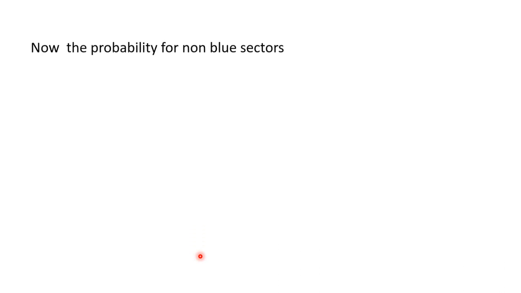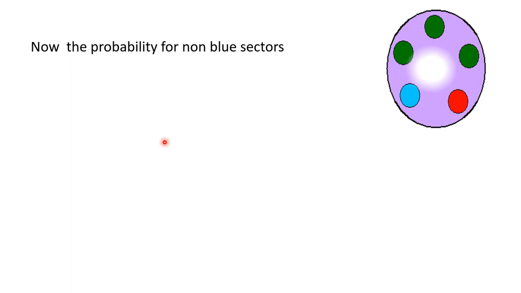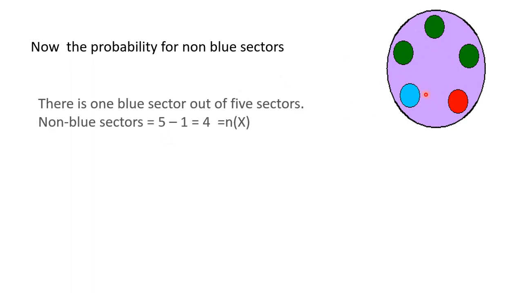Now next we have to find the probability of getting a non-blue sector. There is only one blue sector and the 4 remaining are non-blue sectors. So we can write there is one blue sector out of 5 sectors, so non-blue sectors are 5 minus 1, which is equal to 4.